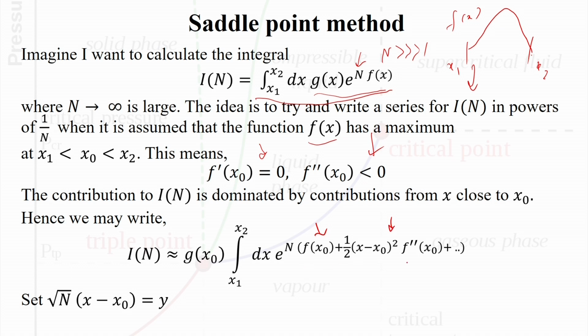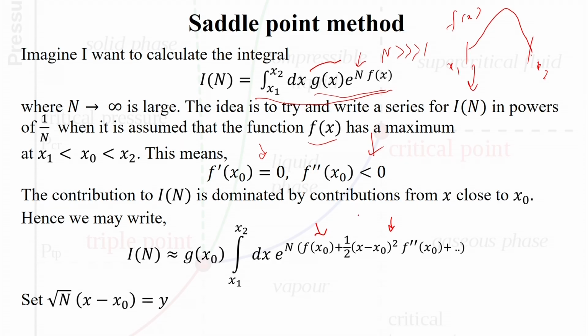The first derivative is absent because it's a maximum, and notice that g of x is assumed to be regular in this interval, and the dominant contribution clearly comes from this integrand here. So I have chosen to replace this by x0 and pull it outside. Now I am going to do a change of variables.